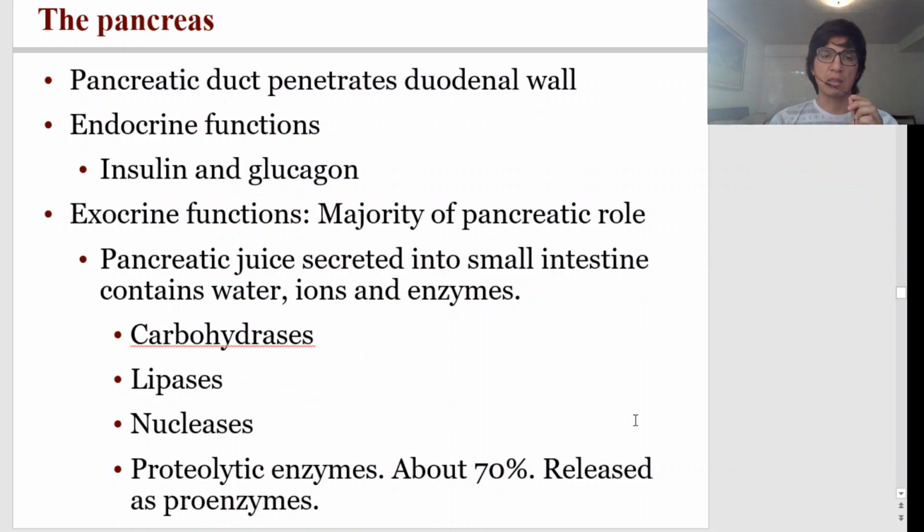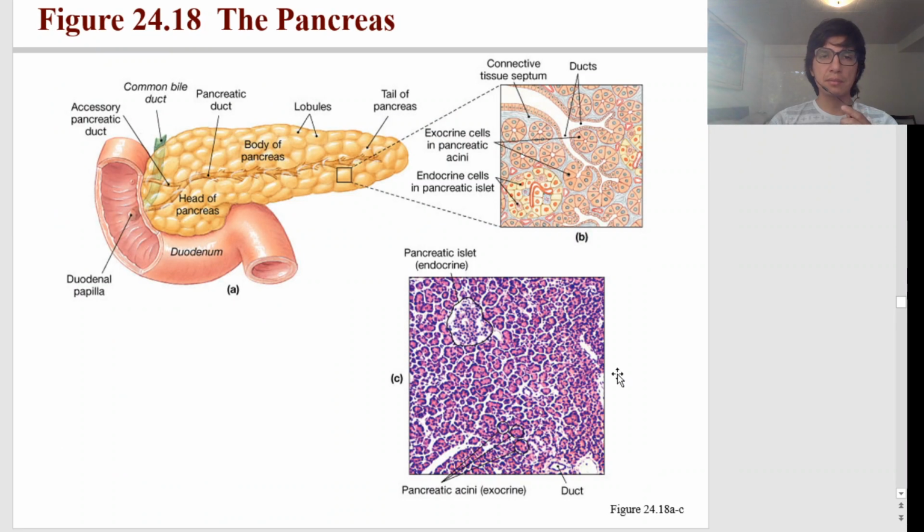These enzymes are carbohydrases, lipases, nucleases, and proteolytic enzymes. Most of them are going to be proteolytic enzymes. Basically, the enzymes released by your pancreas will aid in the digestion of proteins, nucleic acids, lipids, and carbohydrates.